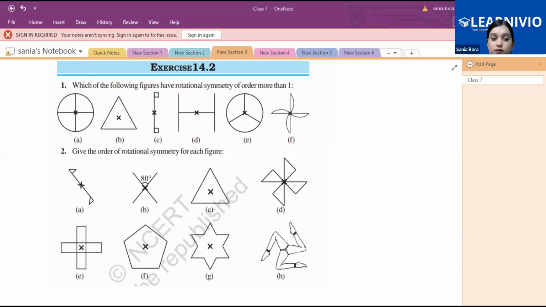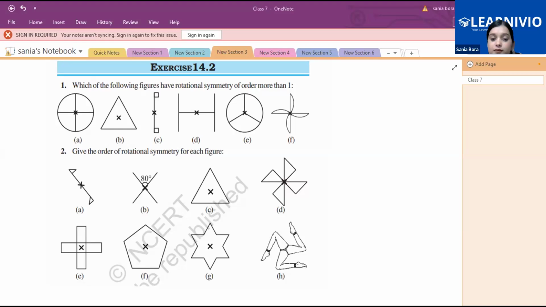Anyone who's still doing? Okay, first one.